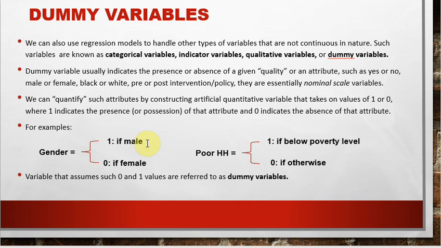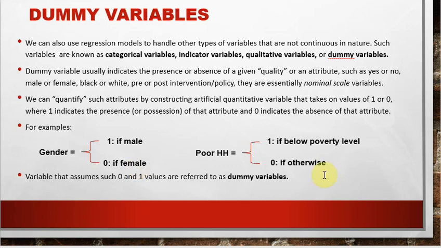If I'm rather interested in finding out if a female-headed household has effects on poverty, I will assign 1 to female-headed household. So you are at liberty to decide what to do. It's not a straitjacket. If you understand how to play around with dummy, you can fit it the way you want it to be, depending on your objective.